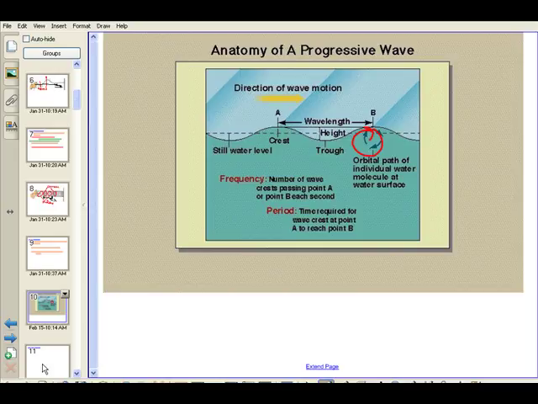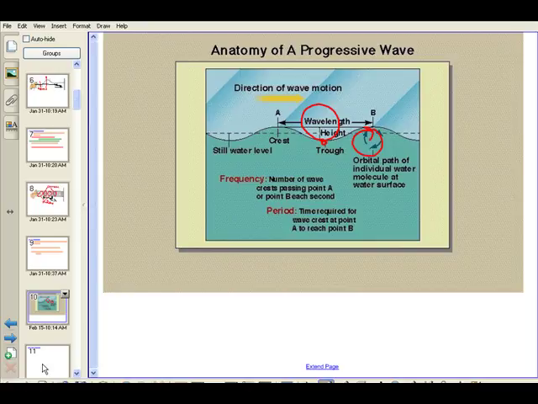If I put something right there, as the wave goes, it would go up, around, down, but it would end up back at the same spot. So if you're in the middle of the ocean, you don't move. The waves go by, you don't really move. If there's no current, which is a whole different thing. But if you're in an area that has no current, you would go up, you go down, you just stay in the same place all the time.